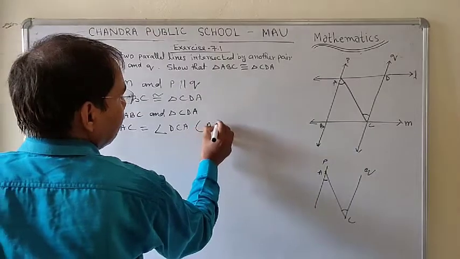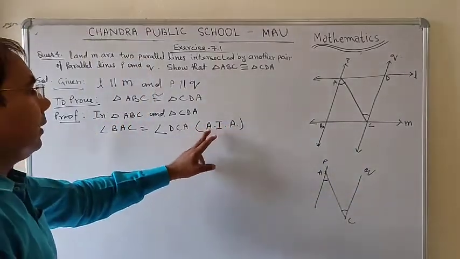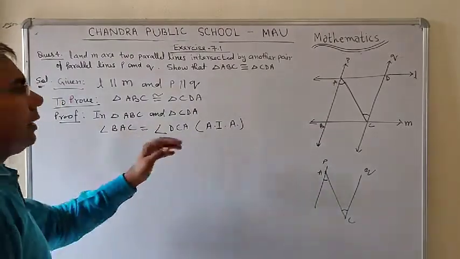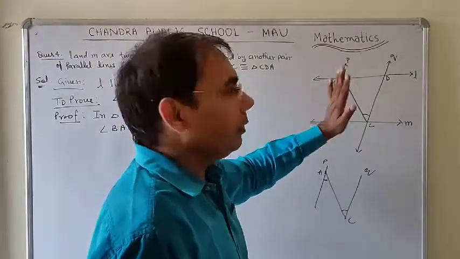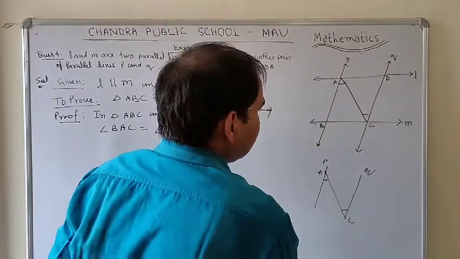Reason: alternate interior angles. In short, alternate interior angle is written AIA. So why have I written this statement? Reason is that in both the triangles I need to find three values that are equal. So here I got one angle equal in both the triangles.